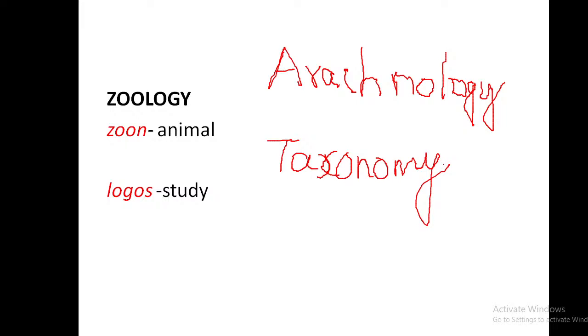Actually, taxonomy does not include only the classification of organisms; it includes, of course, the plants also. Simply you say taxonomy is the classification. We will see what are the rules and regulations, what are the subheadings of taxonomy.